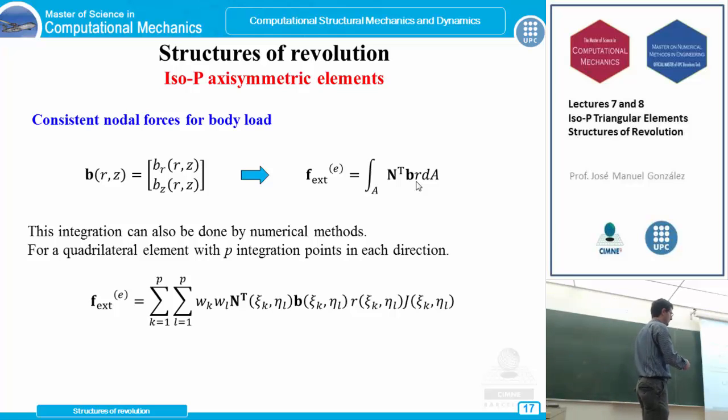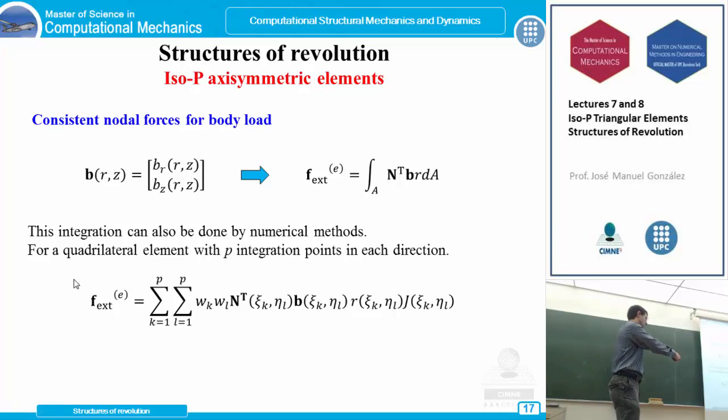We have this radial component because of the dimensionality reduction using this differential of volume, like 2π differential of area. Here the 2π factor has been banished because we neglect this value, which appears everywhere. And this integral is calculated using numerical integration quadratures.